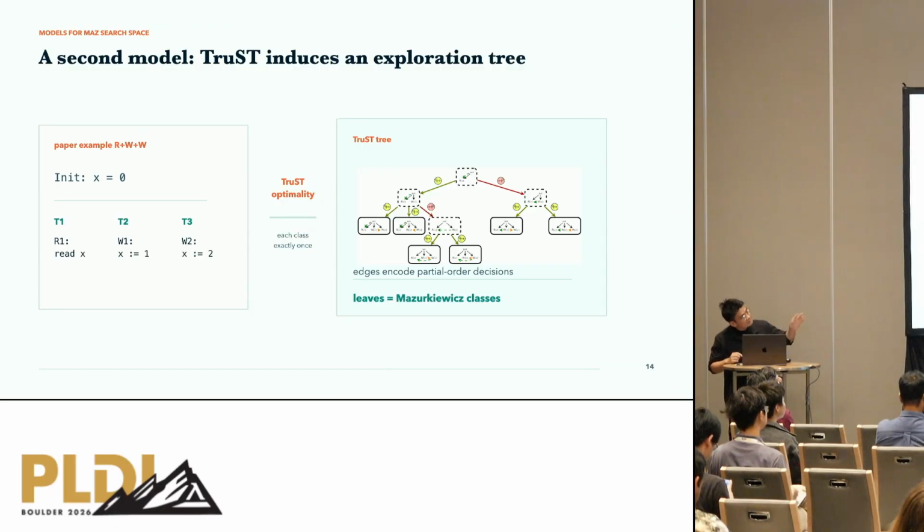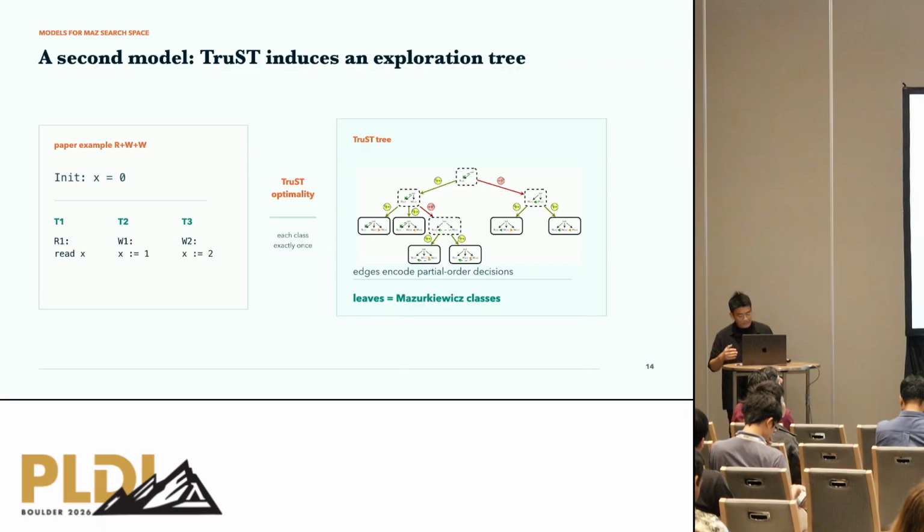But it's important to notice that the search tree of Trust is very different from the DAG model. The first difference is that the edges here represent partial order decisions, namely like RF, like which write can this read be reading from, or coherence relation, like where I can put this write in between other writes.